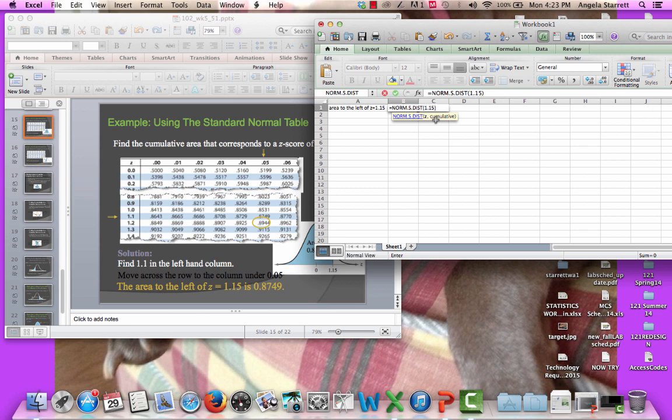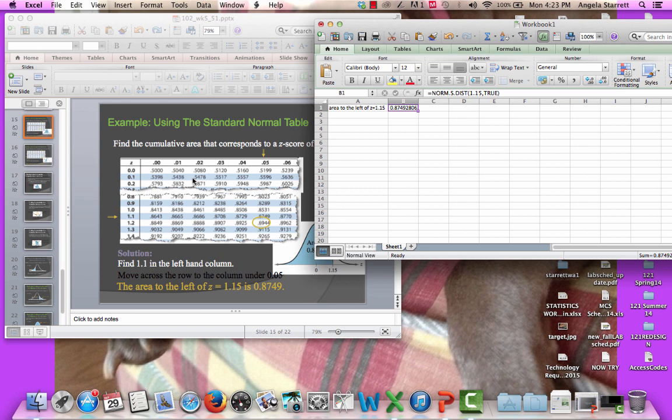So I say 1.15, comma true. And you can see I got the probability of 0.8749, which is exactly what this hideous table gives in the old-timey way.